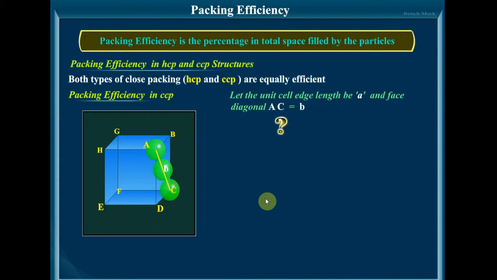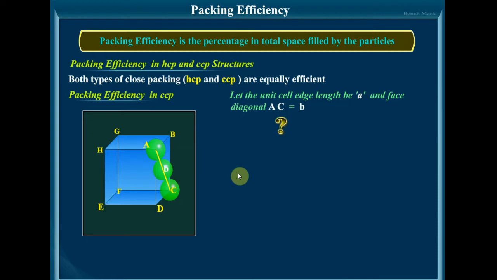You can see the unit cell here. Let the unit cell's edge length be A, and the face diagonal AC be equal to B. In a face-centered cubic unit cell, that is in a cubic close packing, the unit cell is a face-centered cube. That we should understand first.